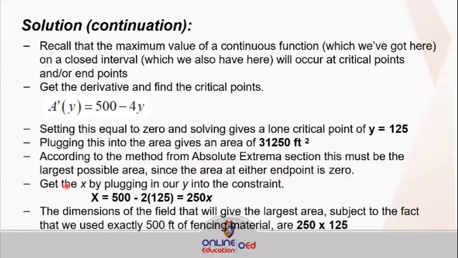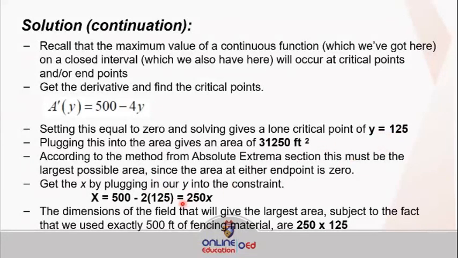Next is to get x by plugging our y into the constraint. Going back to the formula, x is equal to 500 minus 2y. So we have 500 minus 2 times the given y, which is 125.